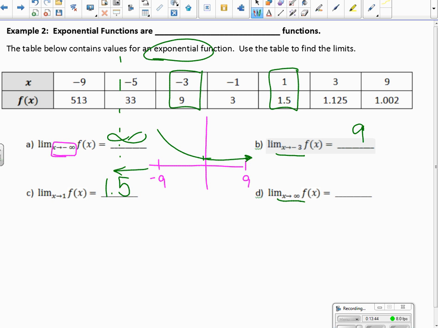And as I approach infinity, now I'm going further to the right, but I noticed how this graph slows down. The height is slowing down, and it looks like it probably will settle around 1, so I'm just going to guess 1. And that's indicated, too, as we sketched out our graph. As we're way out here in infinity, we're going to assume that this levels off, approaching the asymptote of 1, so our answer is 1.